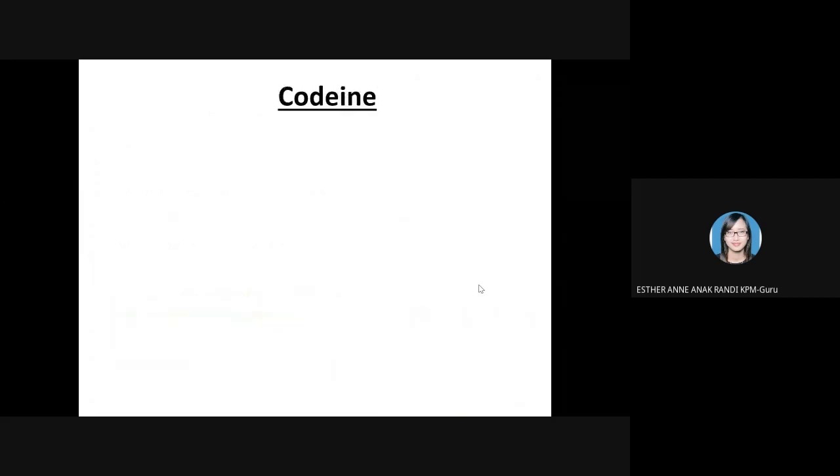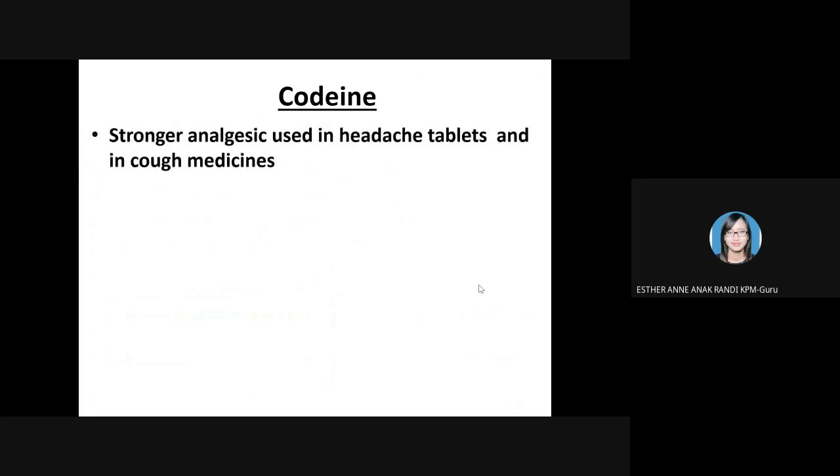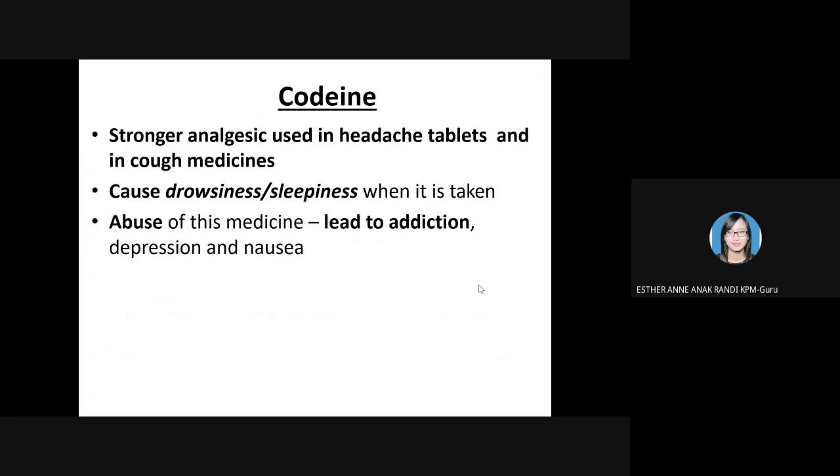Okay, next is codeine. Codeine is a type of medicine found in cough medicine. It is slightly stronger, so it can cause drowsiness. If a medicine makes us sleepy, for example flu medicine or cough medicine, normally they contain codeine.